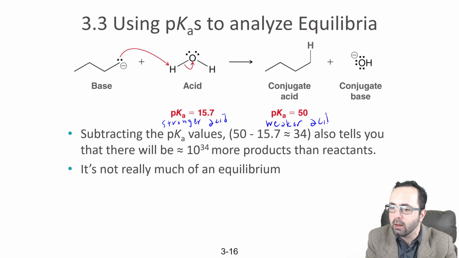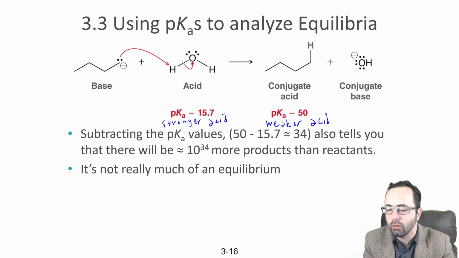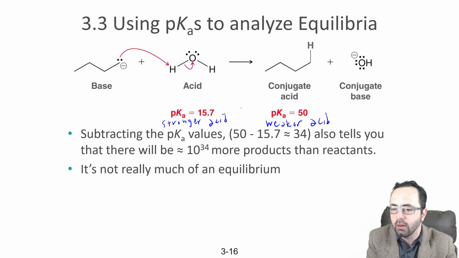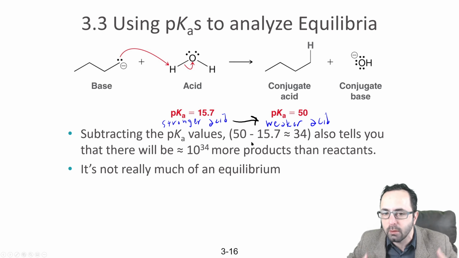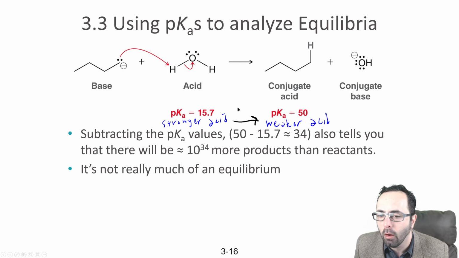So this reaction is going to go extremely strongly to the right because this difference is so big. So we always go from the stronger acid and base to the weaker acid and base, because the stronger acid wants to give up its proton, and the base really wants it. And so that's always going to be the case, that the equilibrium favors this.